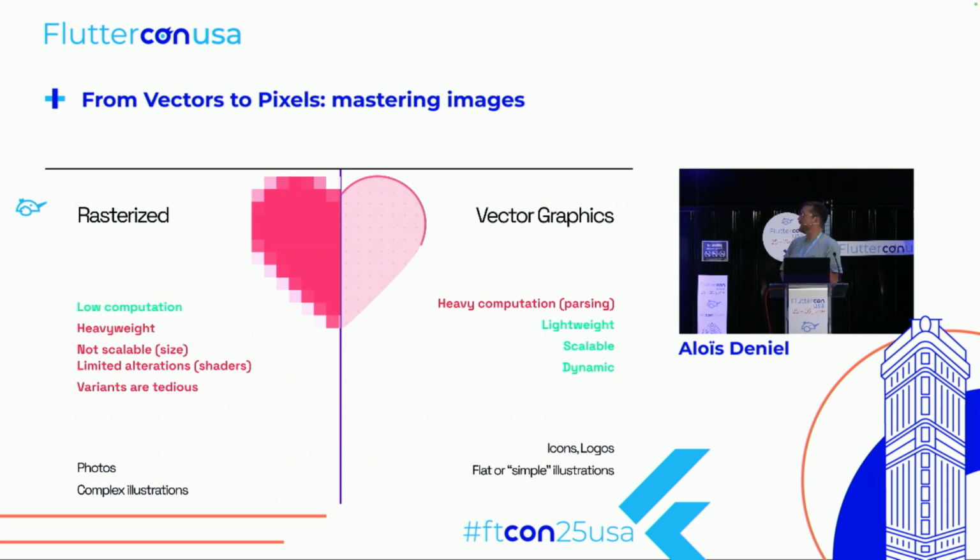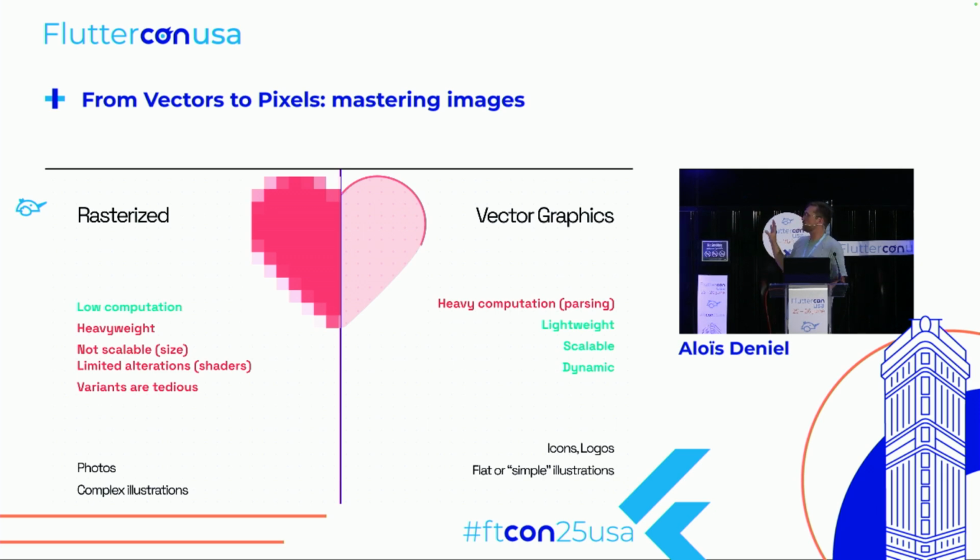On the other hand, vector graphics are great because they are lightweight, they are scalable. You can display them in any size. It will be crisp. They are dynamic. You can change the color of each part of an image dynamically. But they require heavy computation from the CPU and potentially from the parsing if you are using SVG.